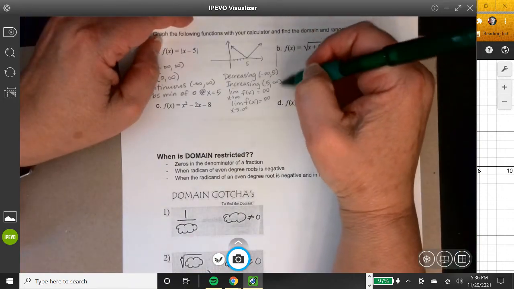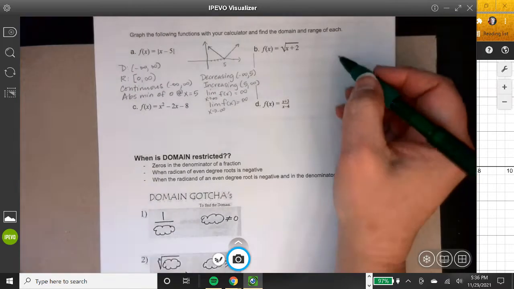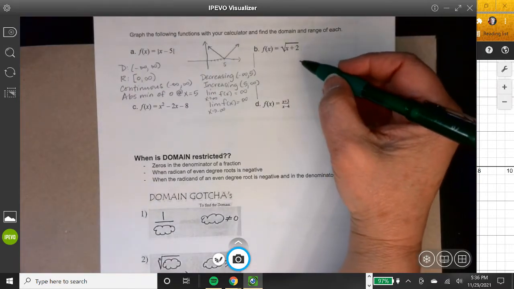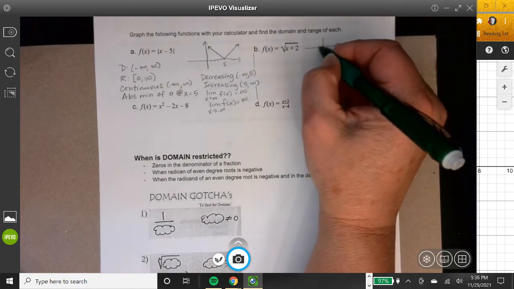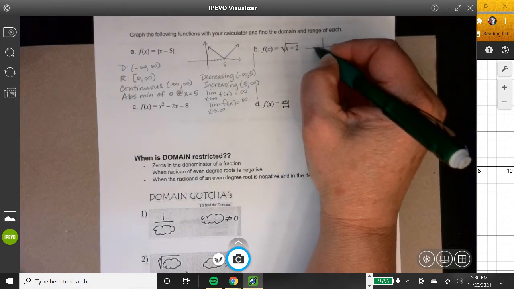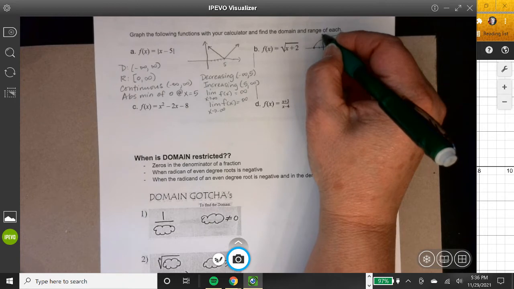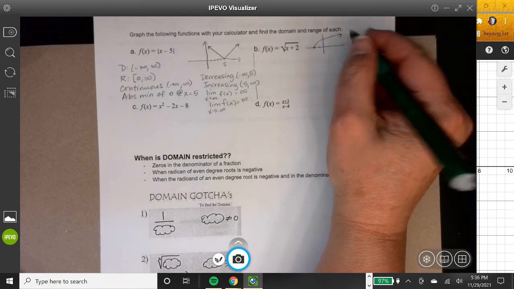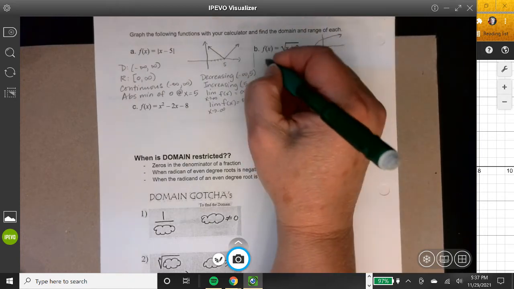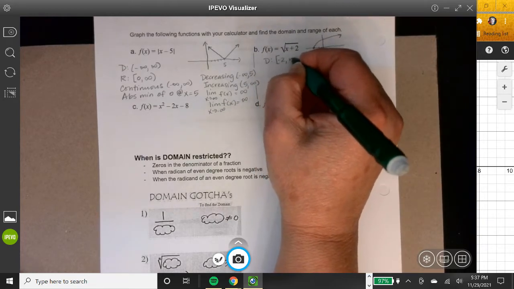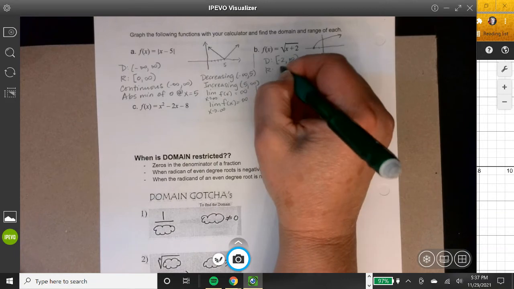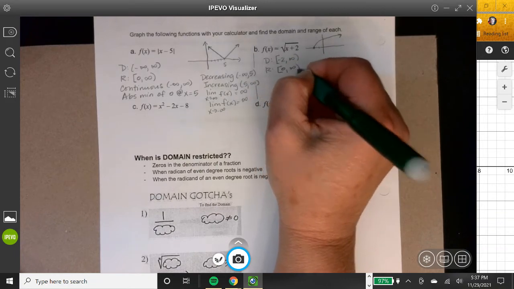All right, so let's move along to f of x equals the square root of x plus 2. Well, this is the square root function shifted to the left by 2. So here we go, we're going to shift it to the left by 2, and it looks like the square root function there. And this one has a domain inclusive of negative 2 to infinity, and it's got a range inclusive of 0 to infinity.